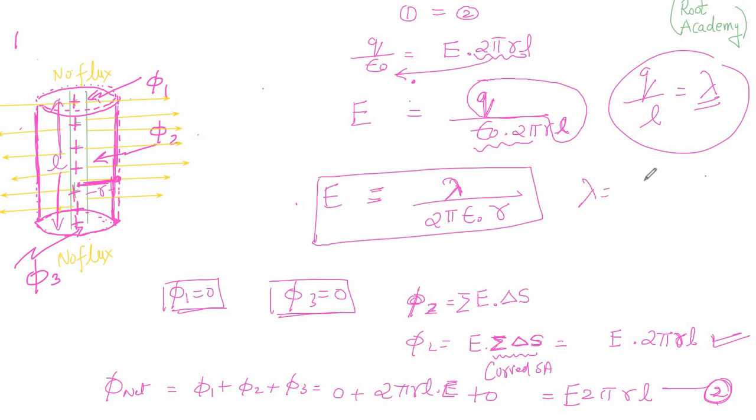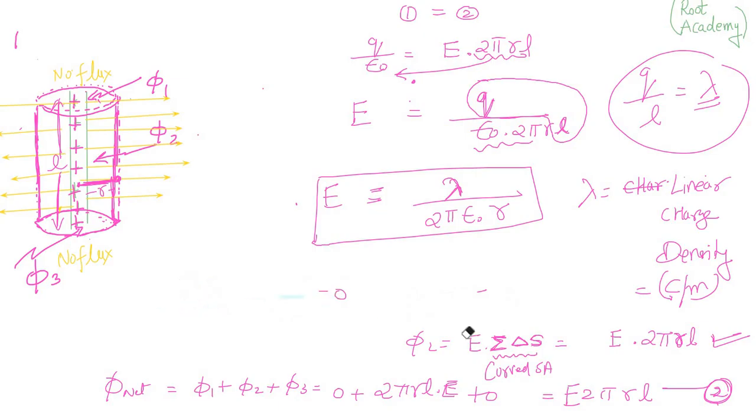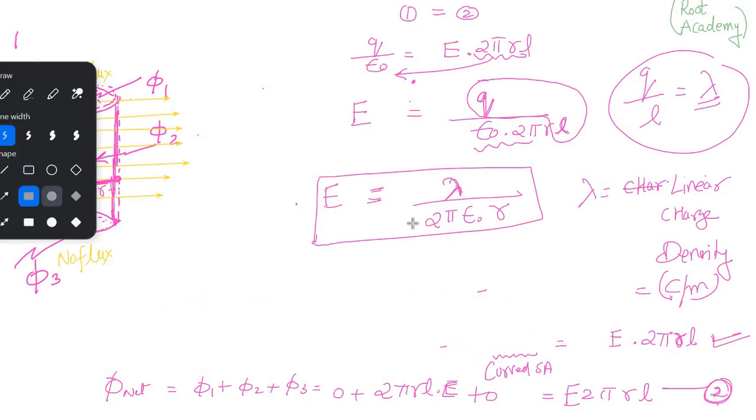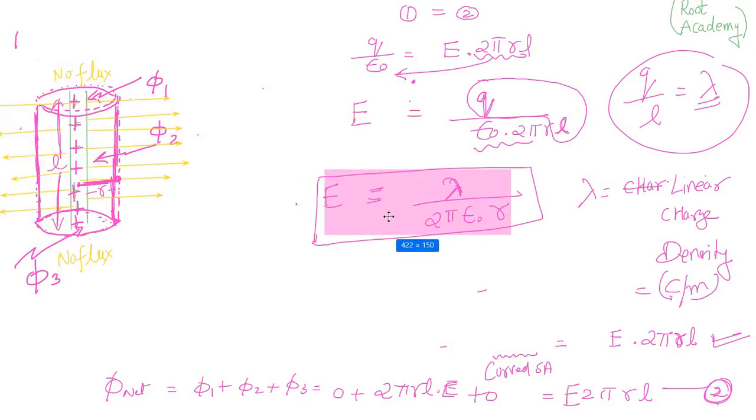And lambda here is the linear charge density, which is nothing but coulomb per meter, charge per unit length. This is an important formula where lambda is the linear charge density.